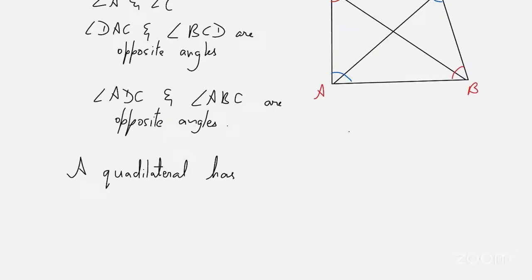In fact, even more are there. Let's see how many can be there. Four pairs we can make in a quadrilateral. In a quadrilateral, we can actually make four pairs of adjacent angles.